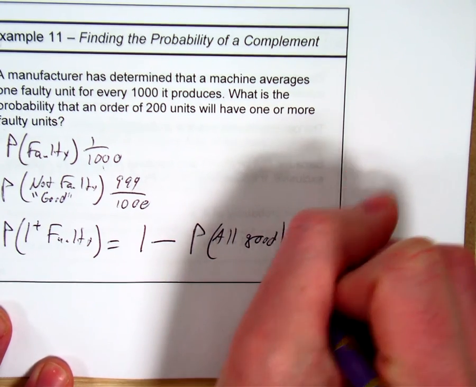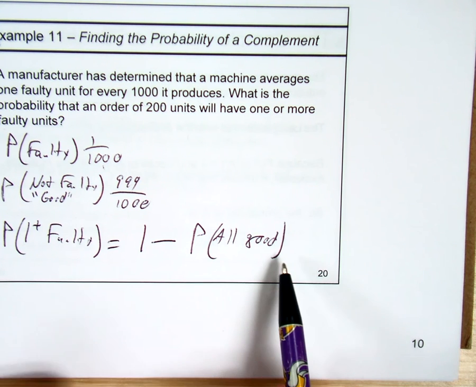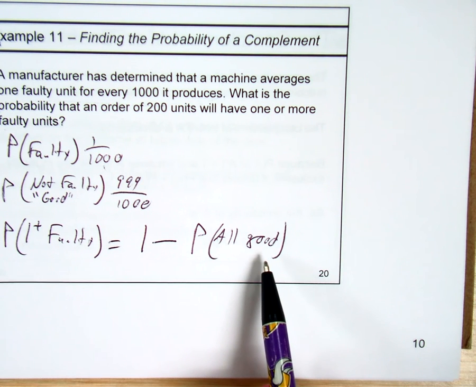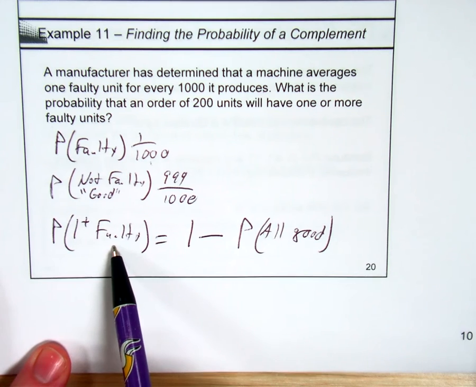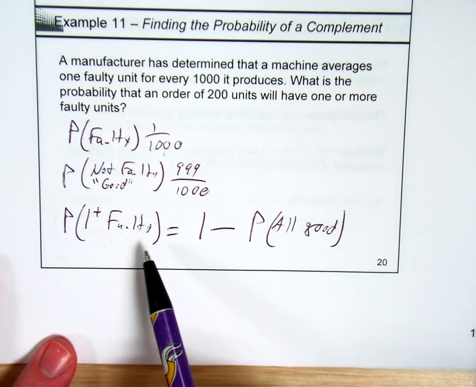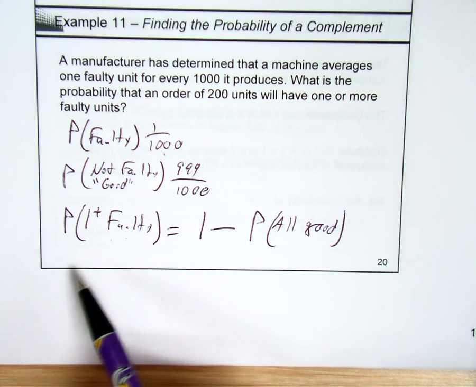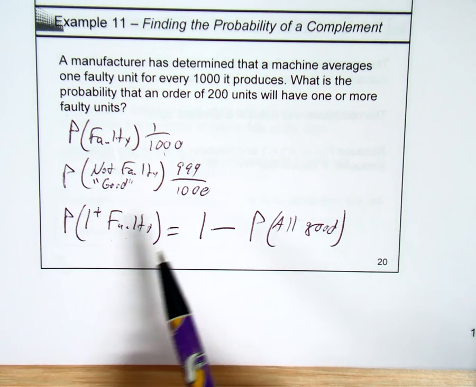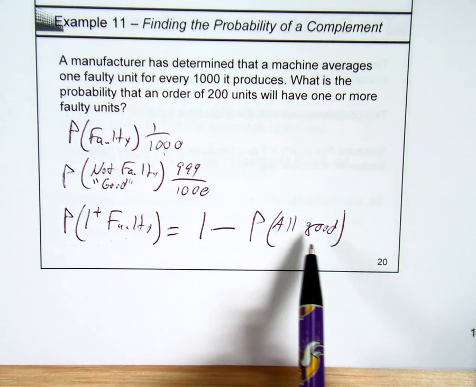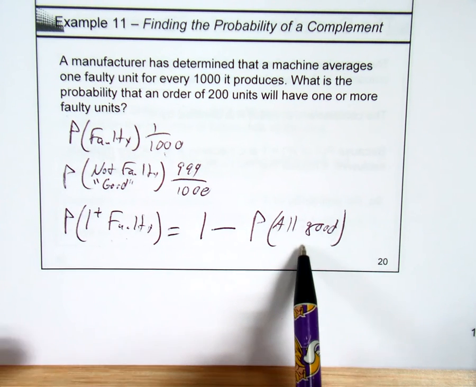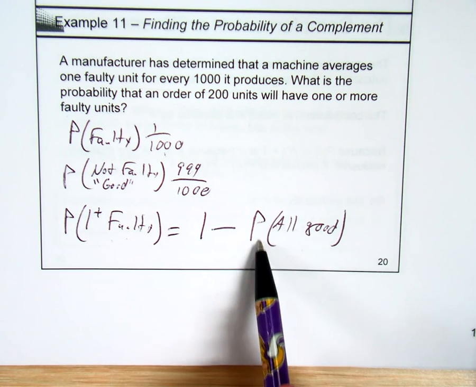So we're going to find the probability of getting all the good units and then subtract away. Because for 1 plus faulty, you're going to have to find the probability of 1, then find the probability of having 2, and then the probability of having 3, and then add all those up. That's going to be quite a lengthy process. So much easier to just calculate one thing: the probability of all of them being good.